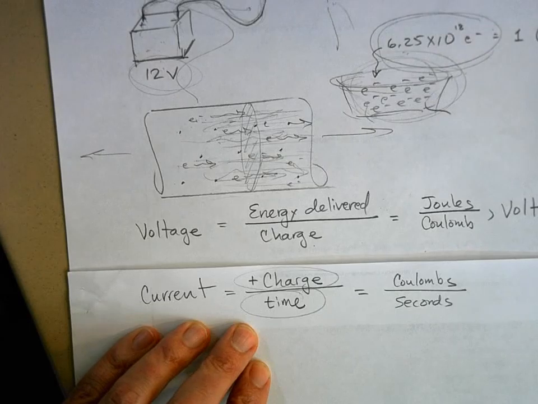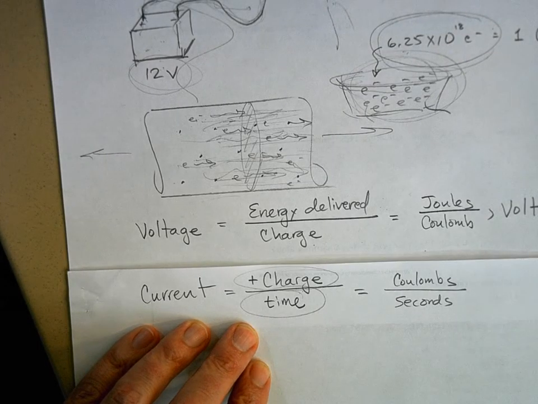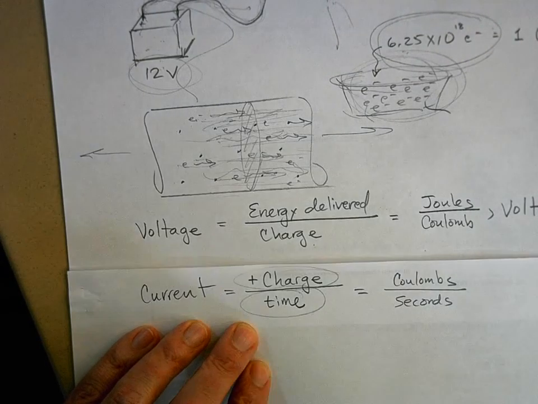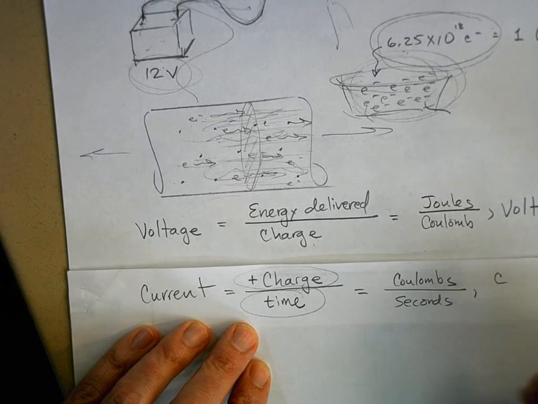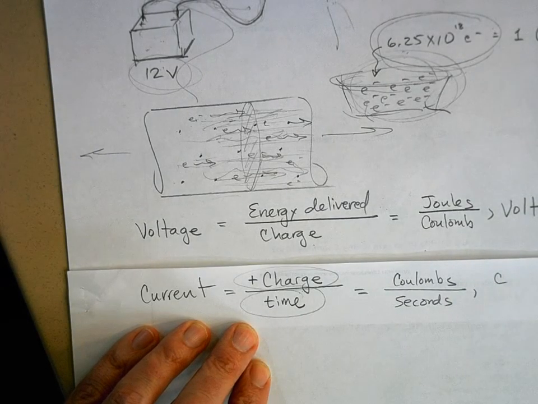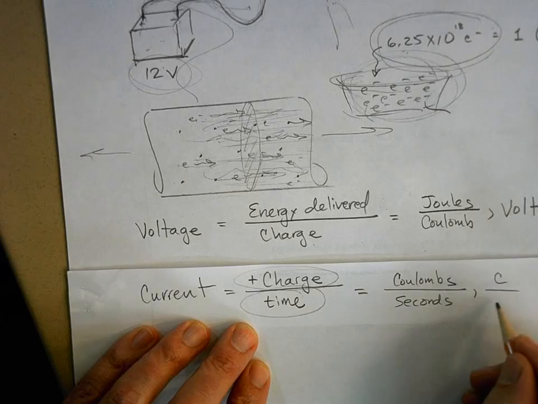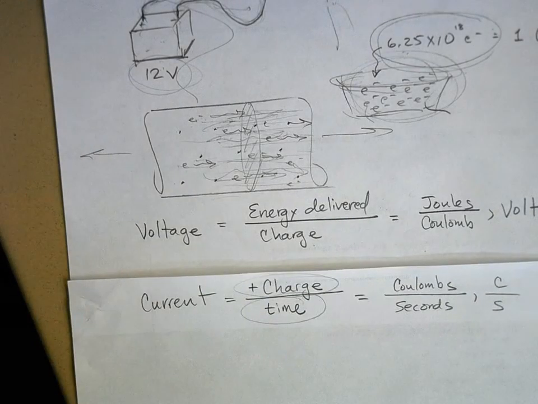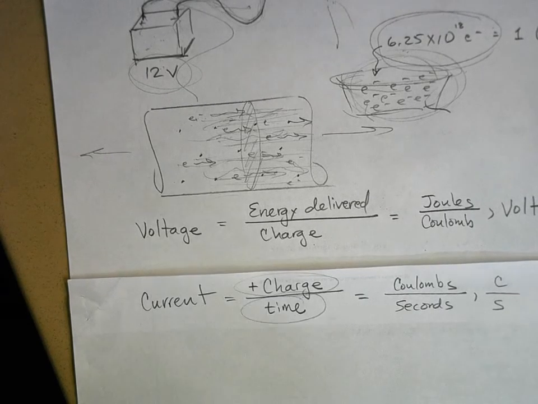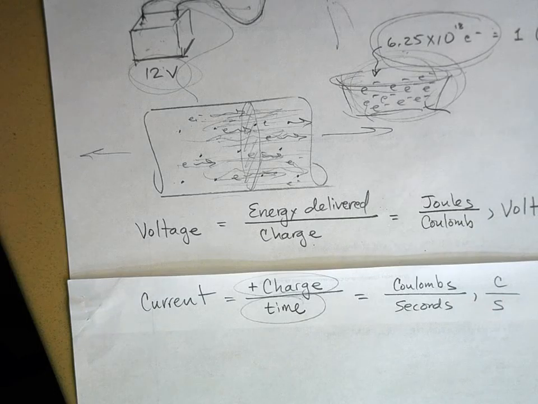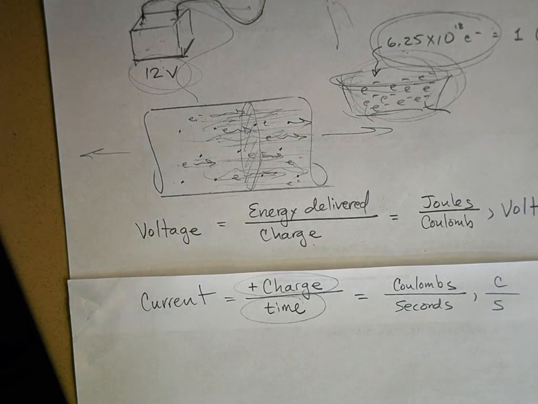All right. Now, this is a coulomb per second. And we use a capital C to abbreviate coulombs, and a capital S to abbreviate seconds. What is a coulomb per second called? You've heard of it because you probably already used the idea of what current is measured in.